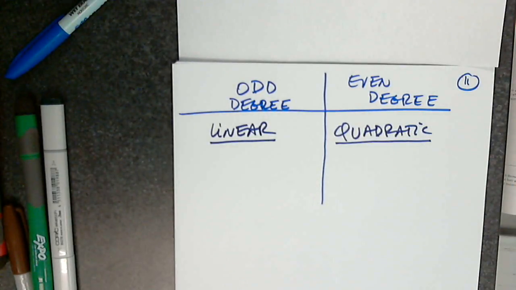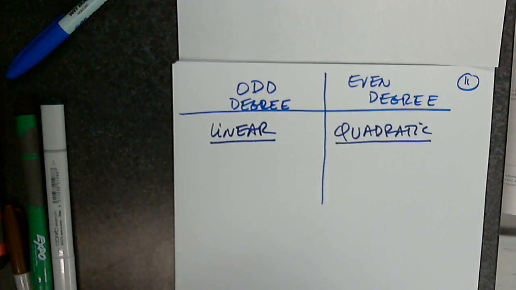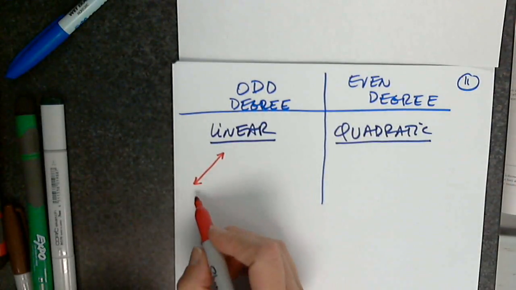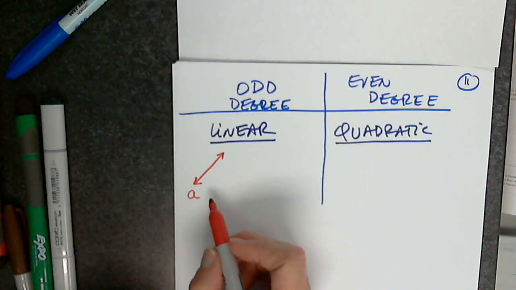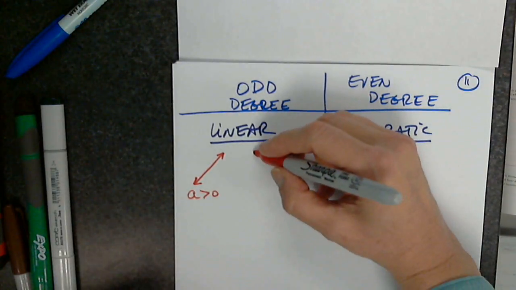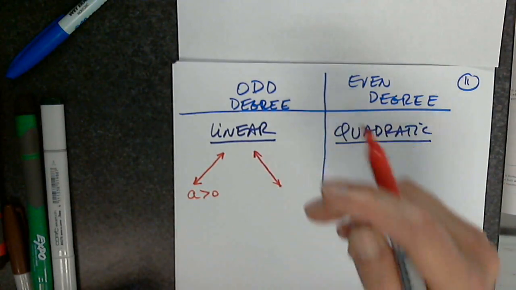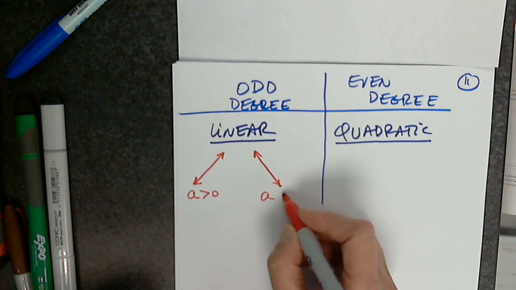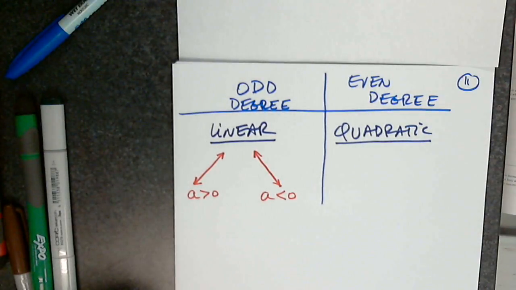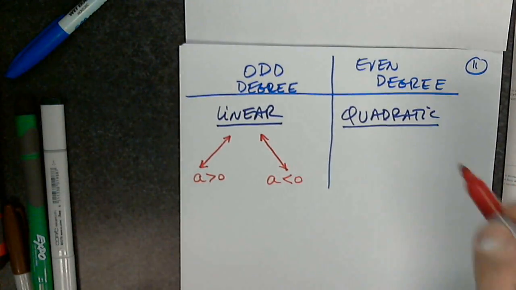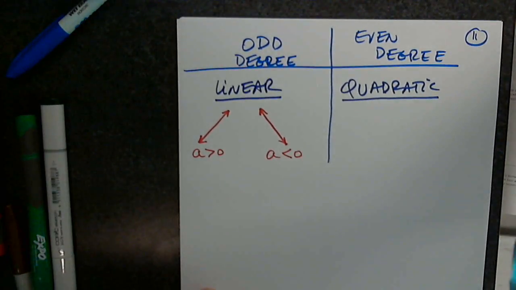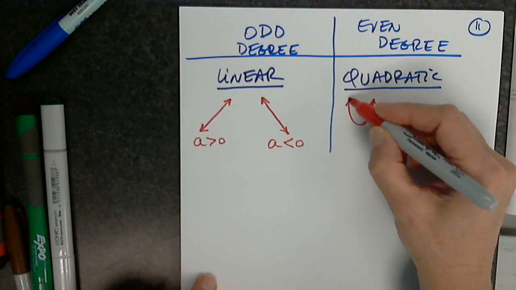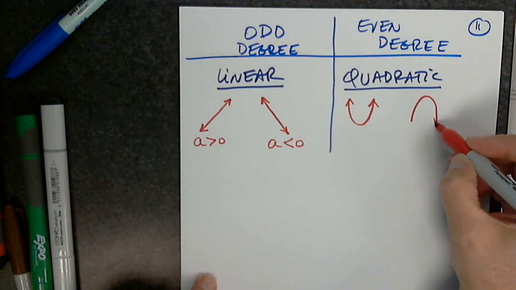Under linear, there are two possibilities, right? Under linear, we have this possibility. What is the leading coefficient here? And we have this possibility. What is the leading coefficient here? We know that. We have two possibilities for quadratic. And what is the leading coefficient here?